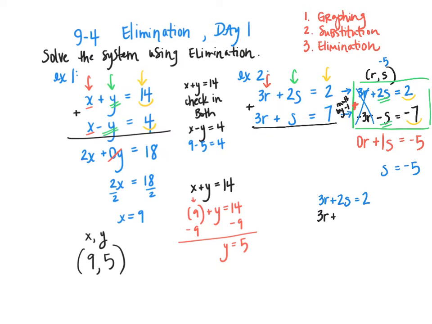So 3r plus 2 times, I'm going to plug in my s, negative 5. And then I'm going to finish my problem. So I have 3r minus 10 equals 2. Then if I were to get r by itself, I would add 10 to both sides. So I have 3r equals 12. Divide by 3, r equals 4. So my final answer is 4 comma negative 5.